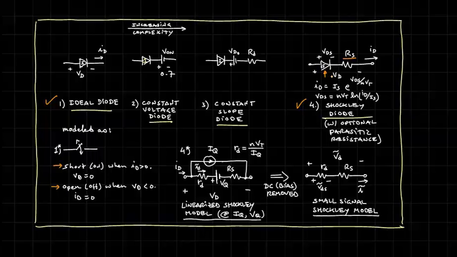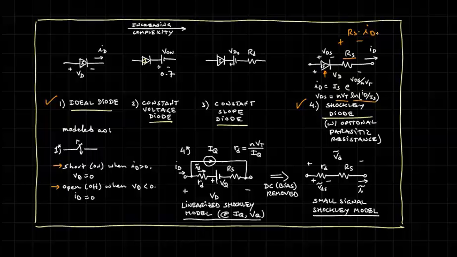The total voltage across our diode model will be the Shockley voltage, that is N times Vt times the log of the current divided by the scaling current, plus the voltage that's developed across RS, so RS times ID. We introduced that model at the end of the first video lecture. Now, what we haven't talked about are these two middle models.